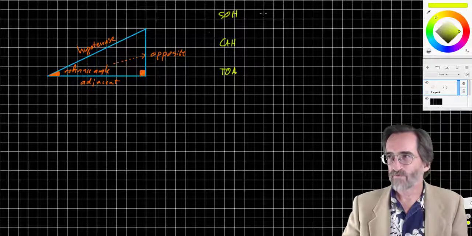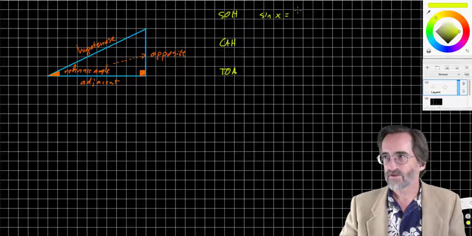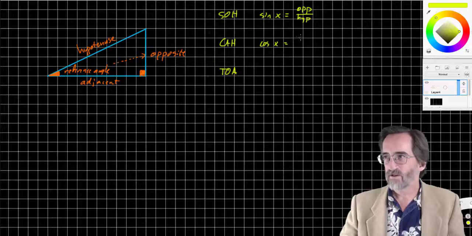For example, the sine of an angle is the opposite side over the hypotenuse, SOH. The cosine of an angle is the adjacent side over the hypotenuse, CAH.